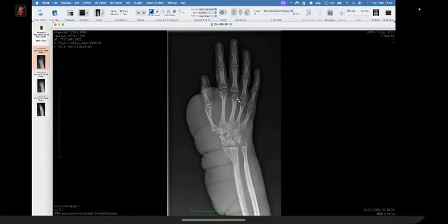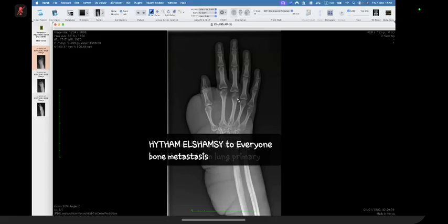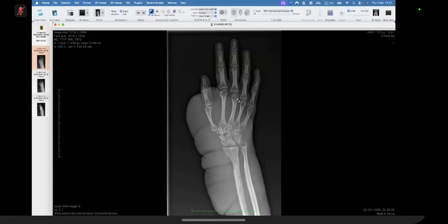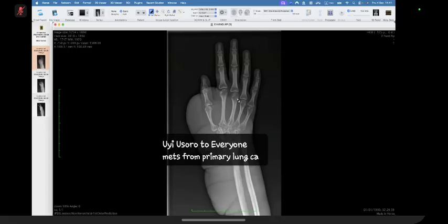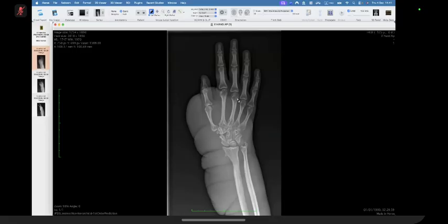There is also large soft tissue swelling seen diffusely around these joints. I may think this is maybe edema.